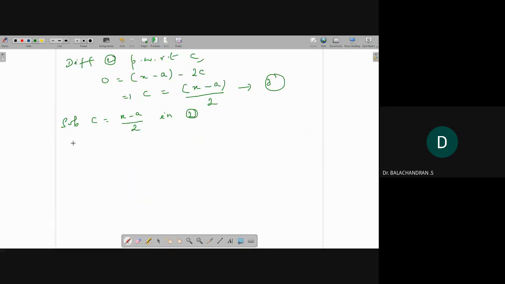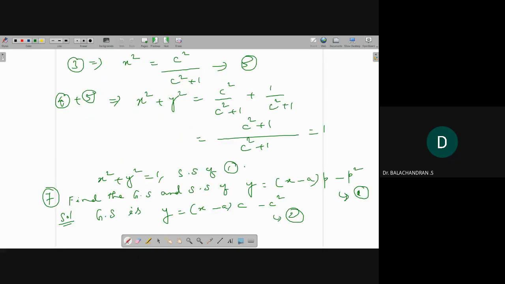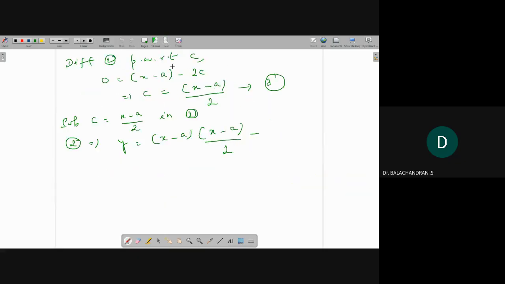So 2 implies y equal to x minus a into c, where c is x minus a divided by 2, minus c square. What is c square? x minus a whole square by 4.